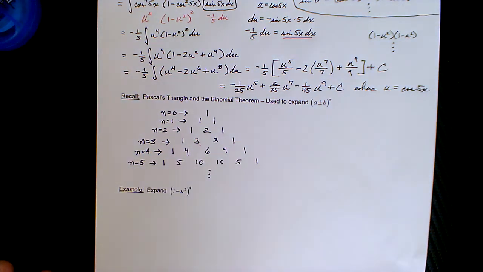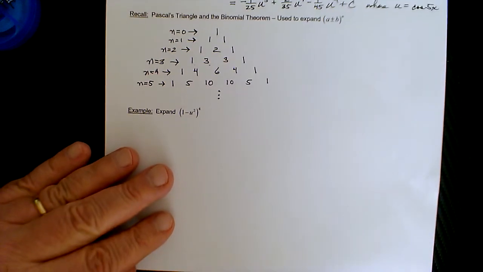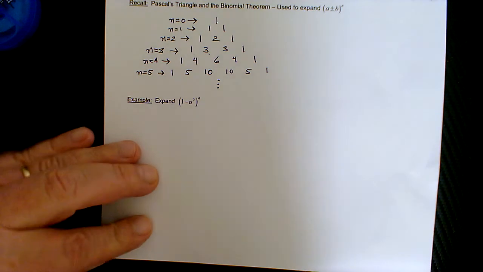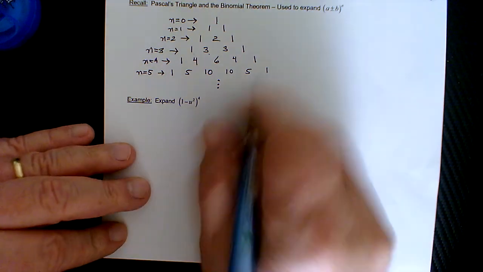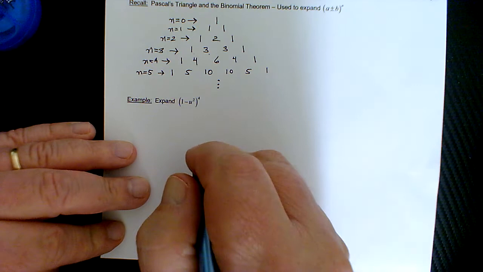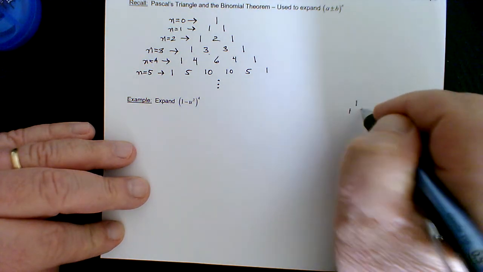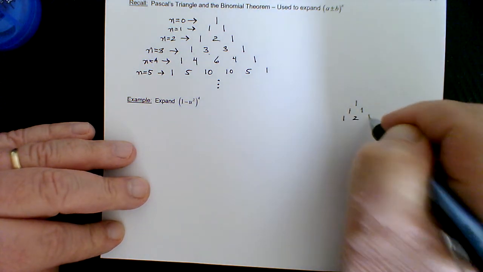Okay, so before we incorporate this within the context of an integral problem, let's just practice. There's a couple things I didn't mention. You could expand this any way you want, but here's the easiest way. So I'll create the triangle off to the side.